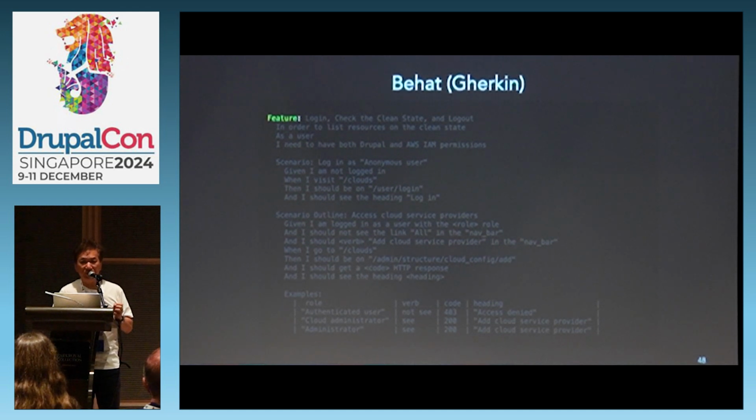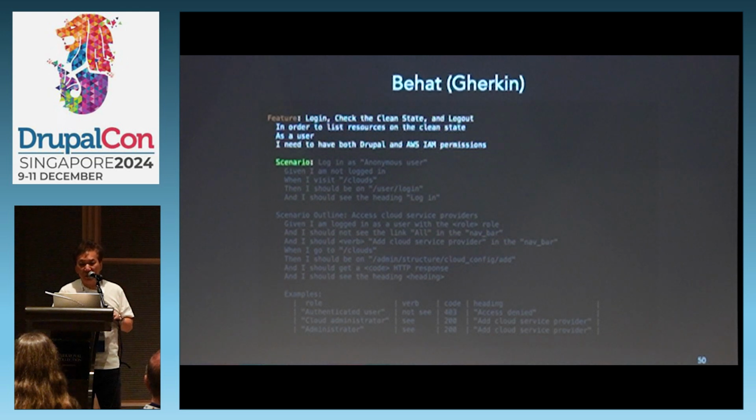Starting from the keyword Feature, on the top of this test scenario that we call a feature file, describe the overview of this test scenario. And then start the keyword Scenario, writing actual commands to access the website, like log in as anonymous user. This is a natural language in English.